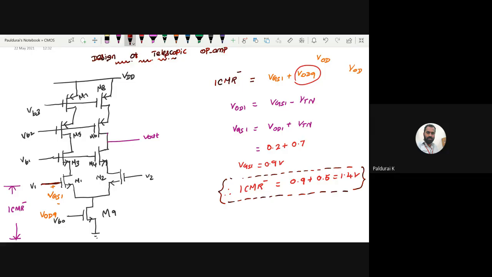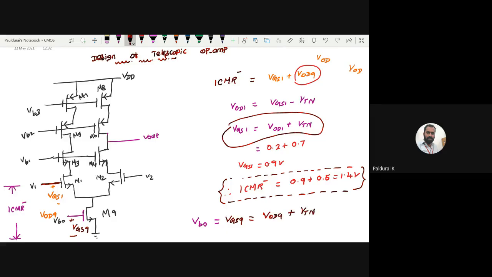Still, I want to write only four formulas. First one is VB0. What is my VB0? It is the voltage between gate and source of the ninth transistor, which is the overdrive voltage of the ninth transistor plus its threshold voltage.